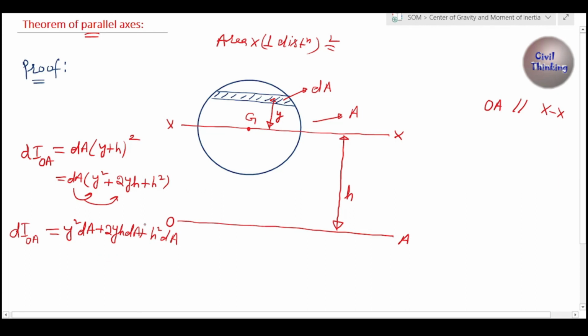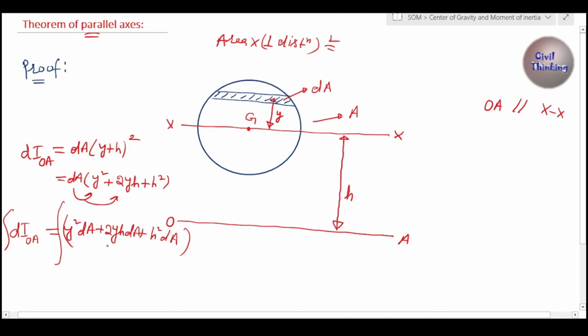Now when we integrate all of this, it will give us the moment of inertia of the whole area with respect to OA. Integration will convert this dA into A. Then this will be A multiplied by y square.